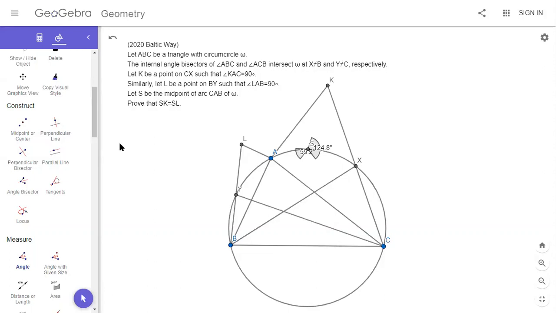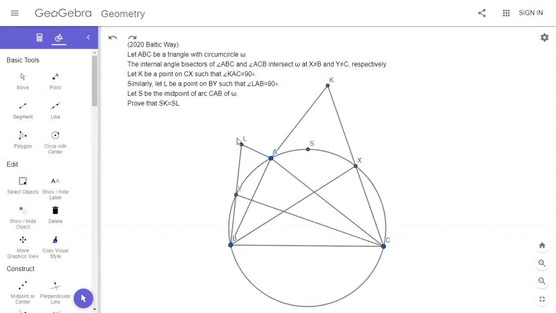All right, so what made me think of that? If we want to show SL is equal to SK, we know SB is equal to SC.